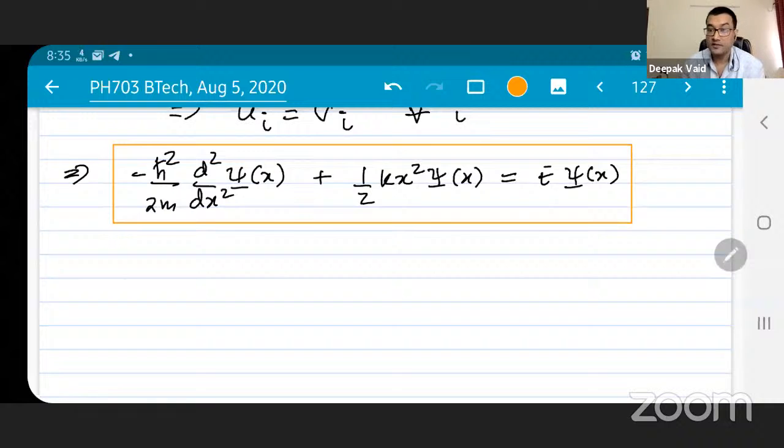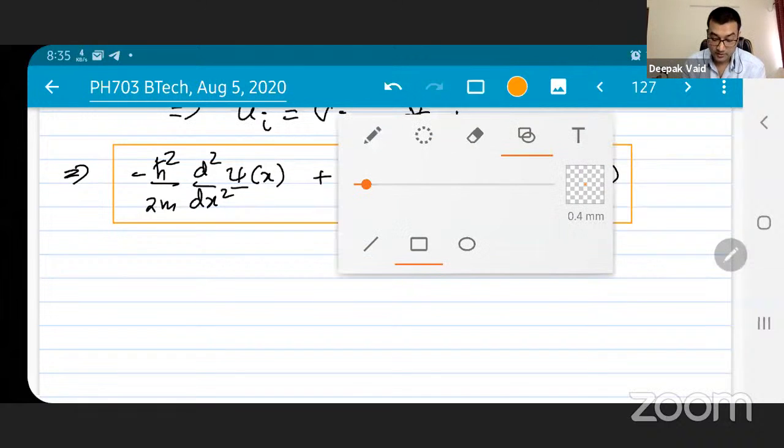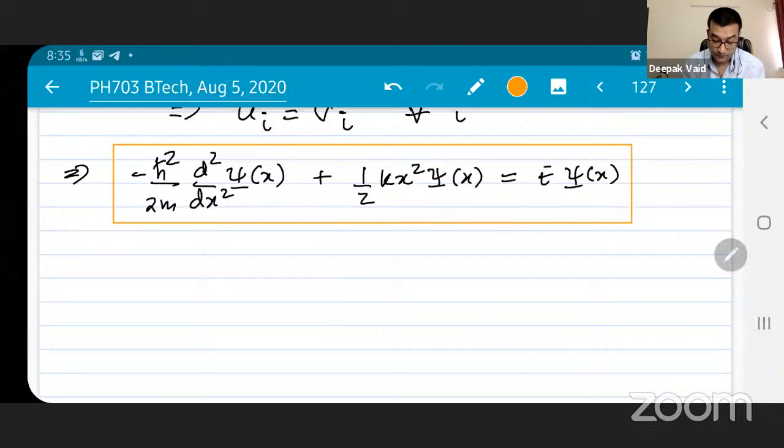and this is what is normally referred to, quote unquote, as Schrodinger's equation, right?